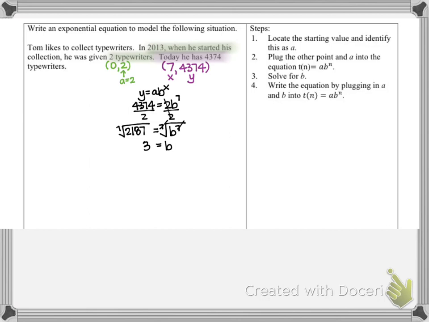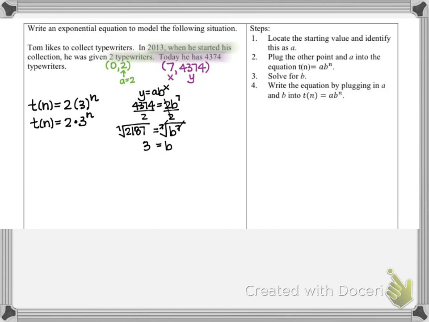And since this is typewriters, it doesn't really make any sense to use X and Y. Like I said, you can kind of manipulate while you're going, but then change it at the end. So I would do T of n is equal to A times B to the nth power, or since there's no decimals here, you could do 2 times 3 to the nth.